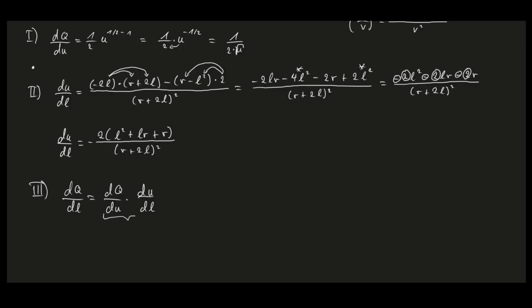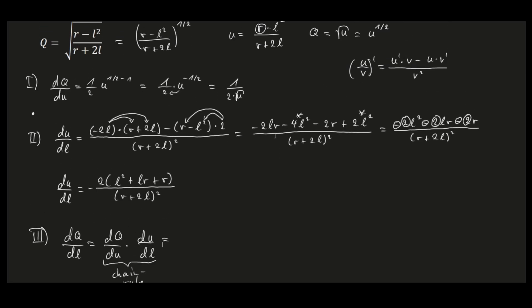This is our chain rule. It's the derivative of the outer function times the derivative of the inner function. So how can we write this?